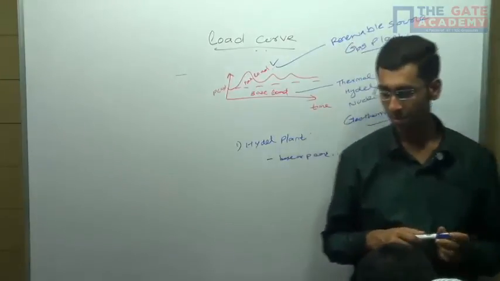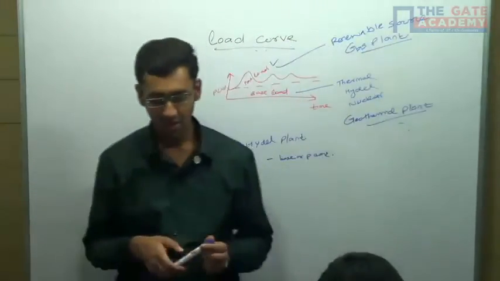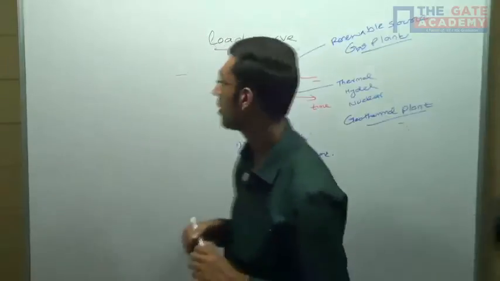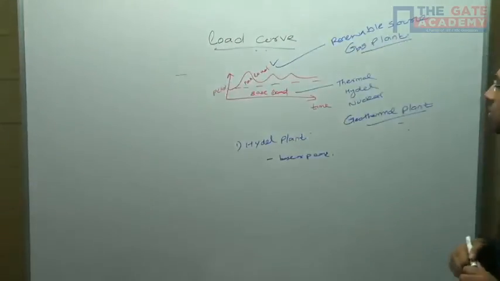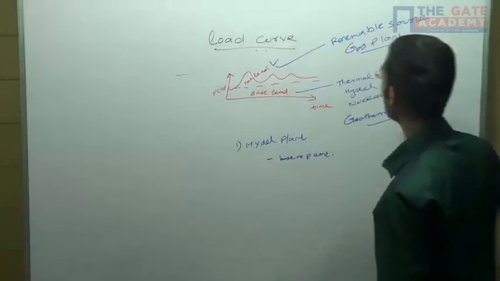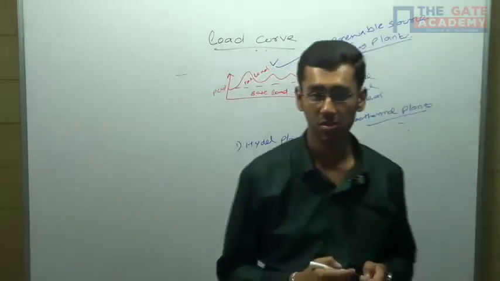Now gas plant, the options may be base, peak, either base or peak, none. In this case, my option will be peak load, because I told you this is an exception case in which I am using the gas plant for meeting my peak load.